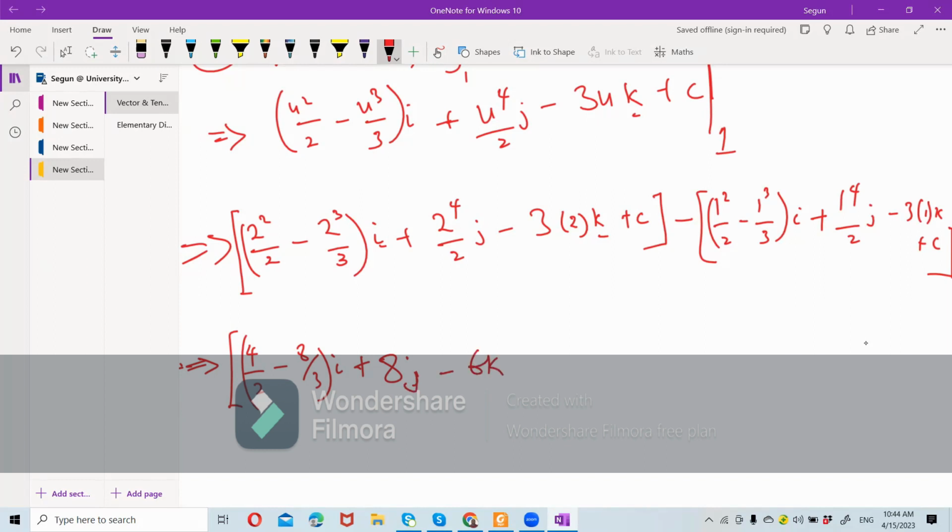Minus 6K. Then you open this one with negative. Minus, don't forget, everything: 1 over 2 minus 1 over 3, I, minus 1 over 2, J.